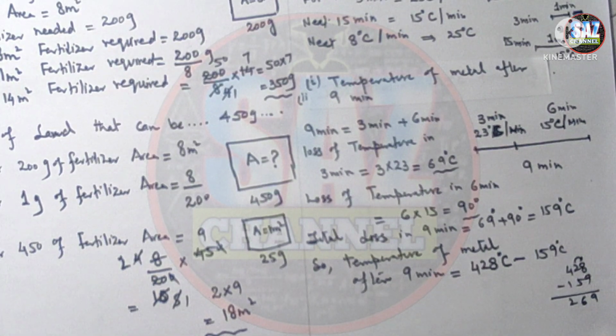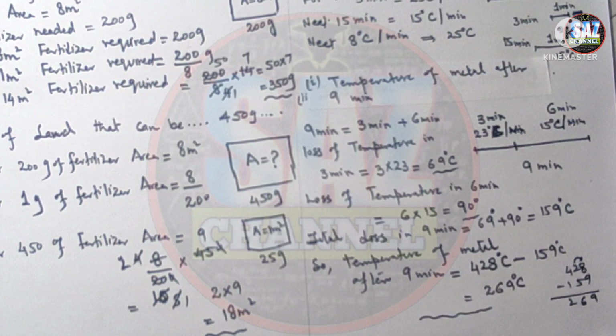So 428 minus 159 is equal to 269. I hope, students, you are really clear how we are finding the temperature of the metal bar after 9 minutes. Okay, moving to the second part.